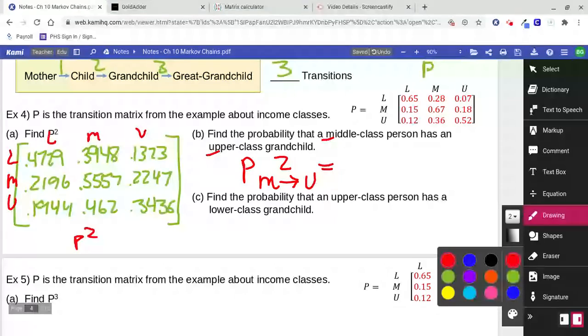Okay, does anybody see that number from middle to upper? It's this one right here, 0.2247. Part C says find the probability that an upper class person has a lower class grandchild.